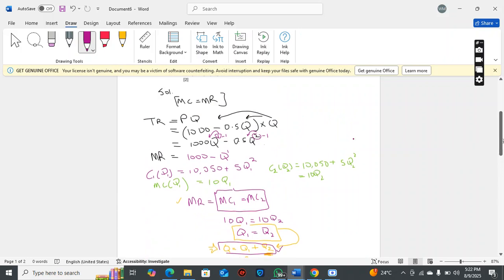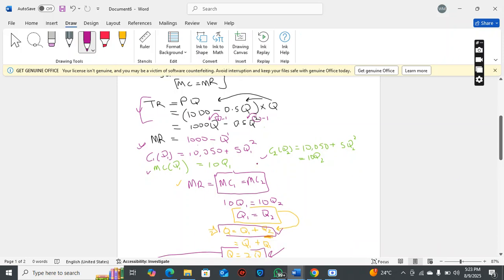So a small recap. First thing, get your total revenue function. This is the overall total revenue, that's why you're using Q here. Then get your marginal revenue function. Then after that, get your marginal cost functions, because you have two of them. Once you get your marginal cost functions, equate them so that you can have an identity for Q, so that you can solve one marginal cost and then apply it to the other one.